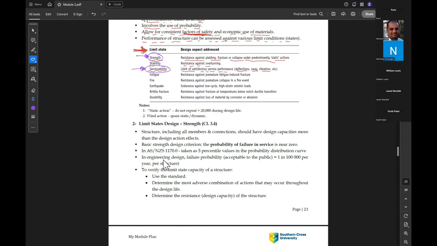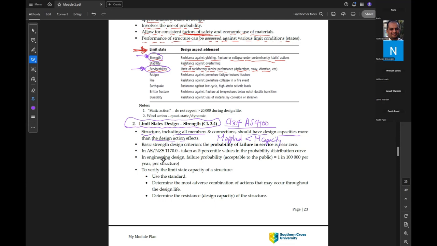Okay, so the limit state design for strength is in clause 3.4 of AS 4100. For the limit state design for strength, the structure including all the members should have design capacities more than the design action effect. This means that if we have an applied moment, it should be less than the moment capacity of the member.